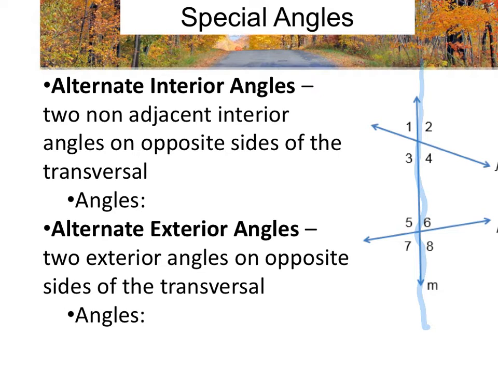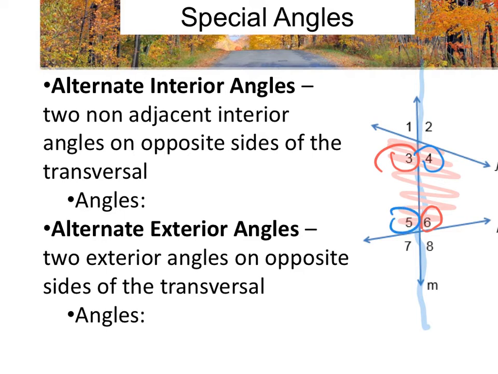And then on opposite sides that aren't adjacent, so I wouldn't say 3 and 4 because these are adjacent. So what I would have to do is again identify the interior, which are here, and then on opposite sides, so the opposite sides would be 3 and 6, and then 4 and 5.